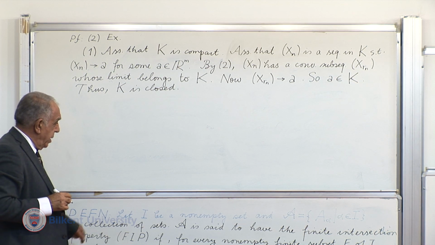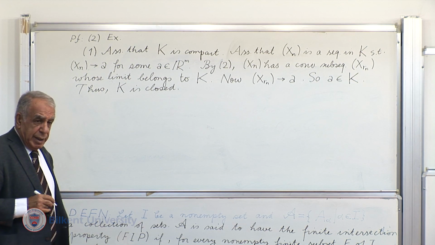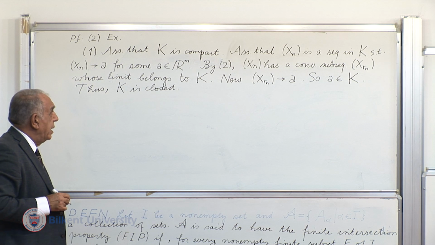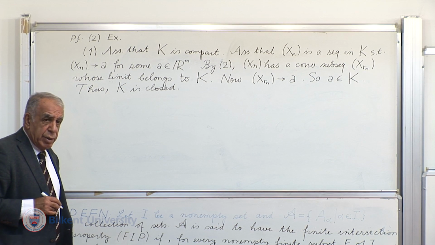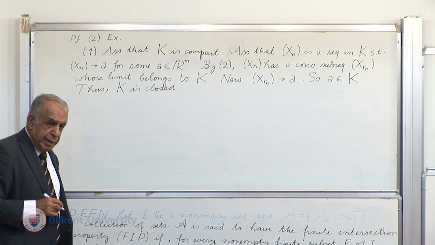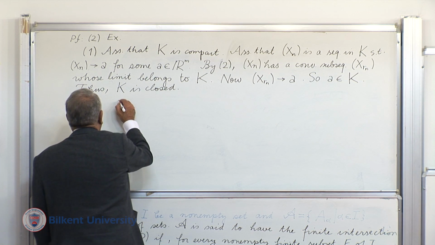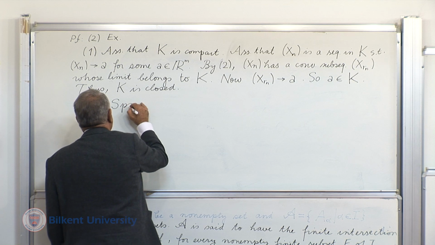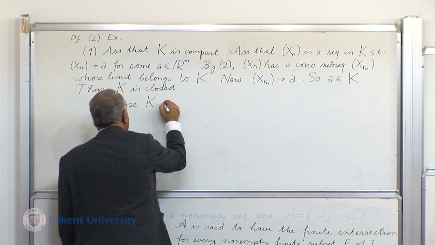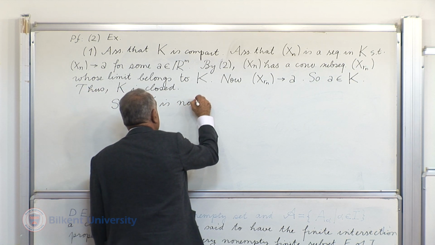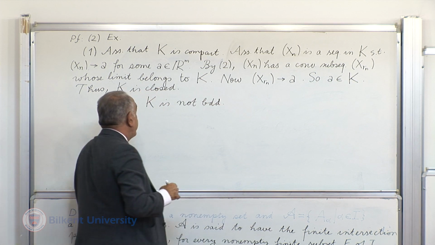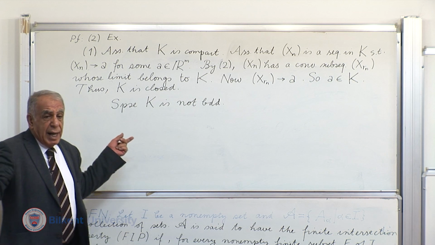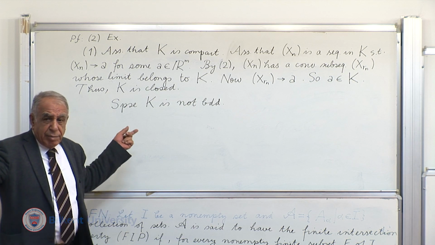Now, let's show that K is bounded as well. Let's do that by contradiction. Suppose K is not bounded. Well, then this means K cannot be the empty set. The empty set is bounded.